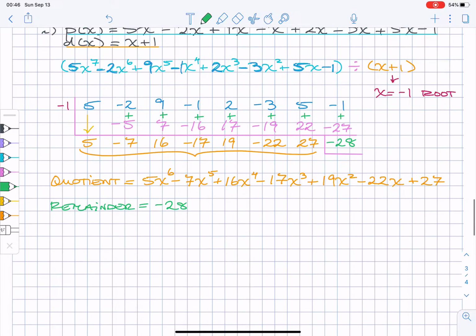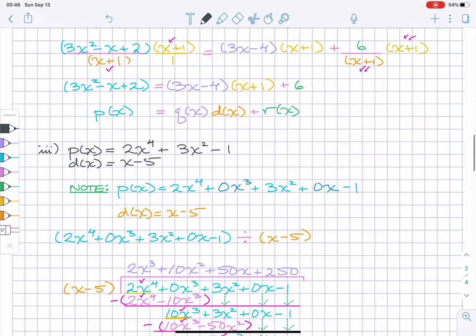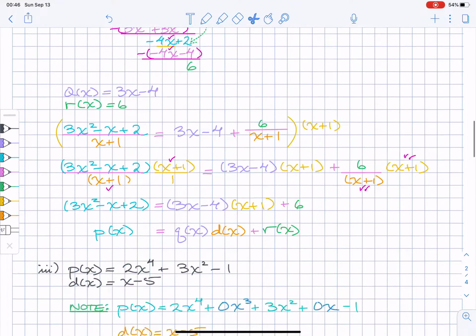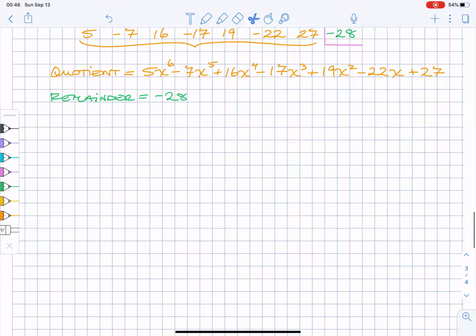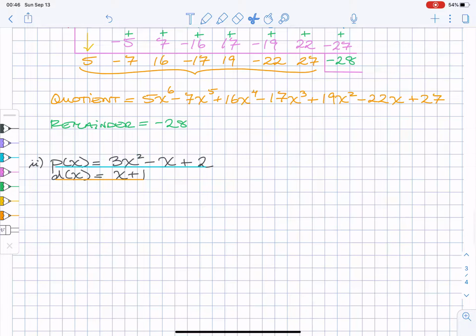Okay, so let's see if that's true. Let's do the other ones we've already done. So let's try this one again. Copy. Paste. Okay, so let's have this be P of x. This is number 2.